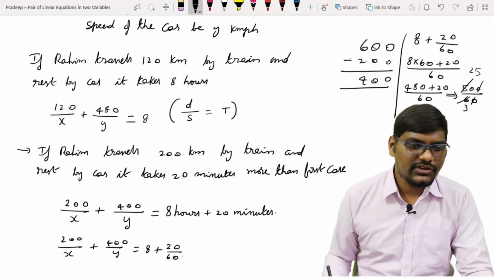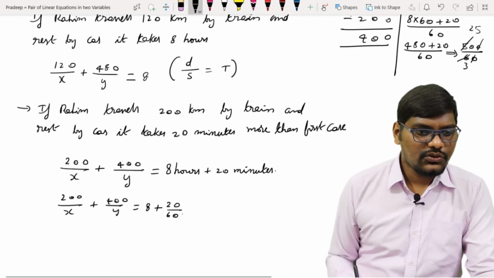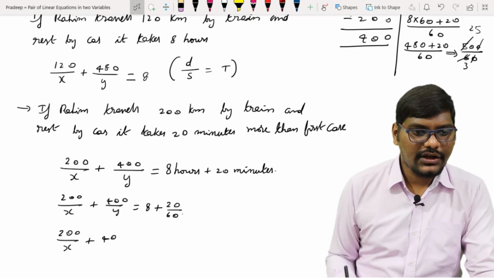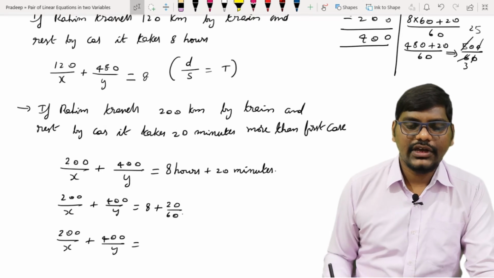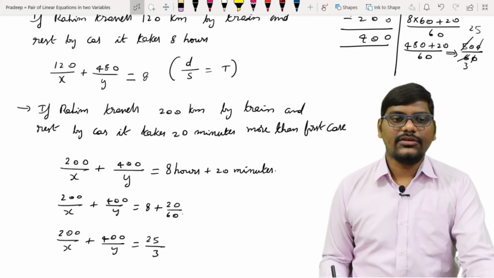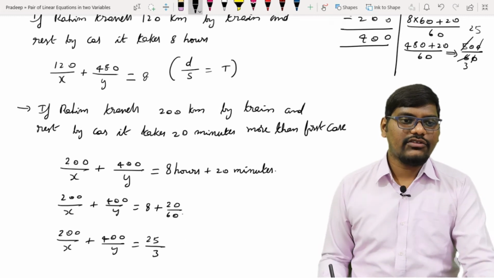So we are getting how much here? The equation is becoming like this. So I'll write here 200 by x plus 400 by y equal to, we are getting that as 25 by 3 as the equation. So now this is the equation which we got, and the second equation, this is the equation which we got.